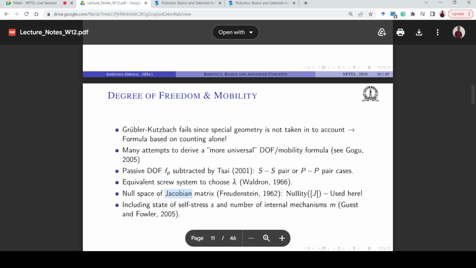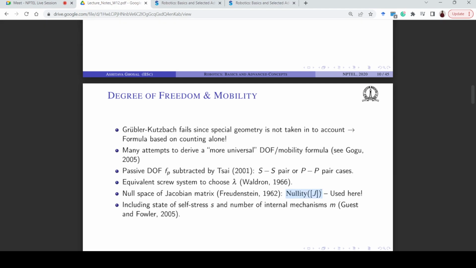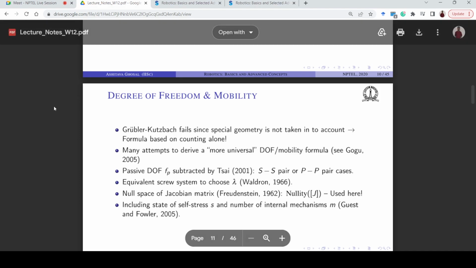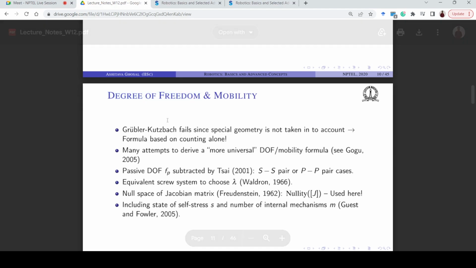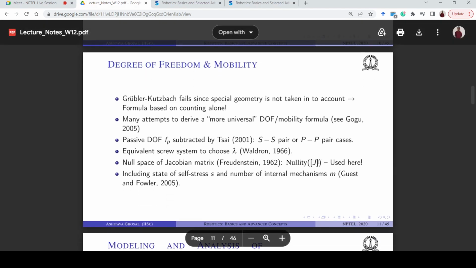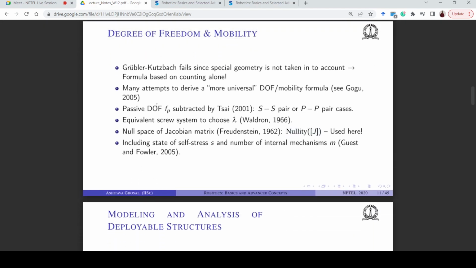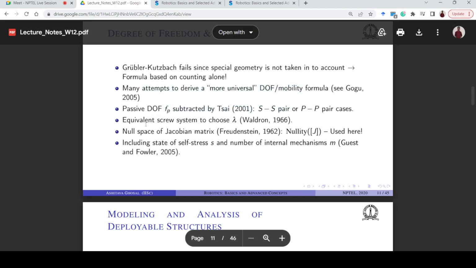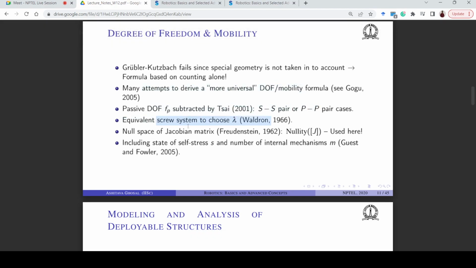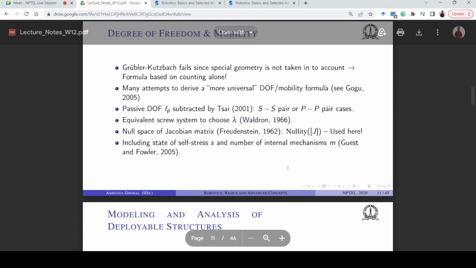It is not any Jacobian matrix, it is the nullity, the dimension of the null space of the Jacobian matrix. The dimension of the null space does give the degree of freedom of whatever system or mechanism you are evaluating. There are some other criteria also, for which references have been given, so you can go and check them out.